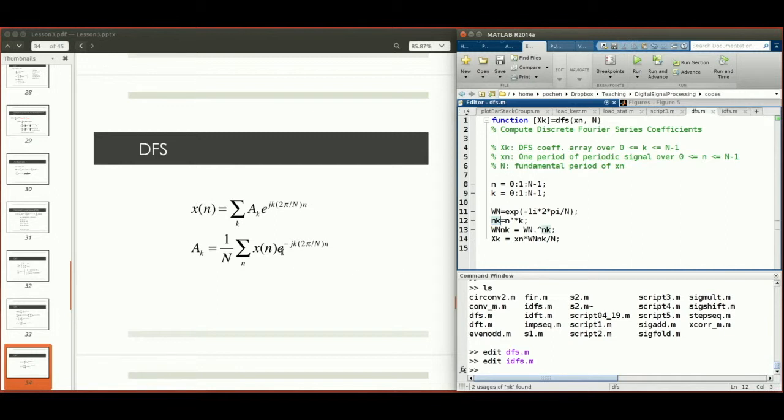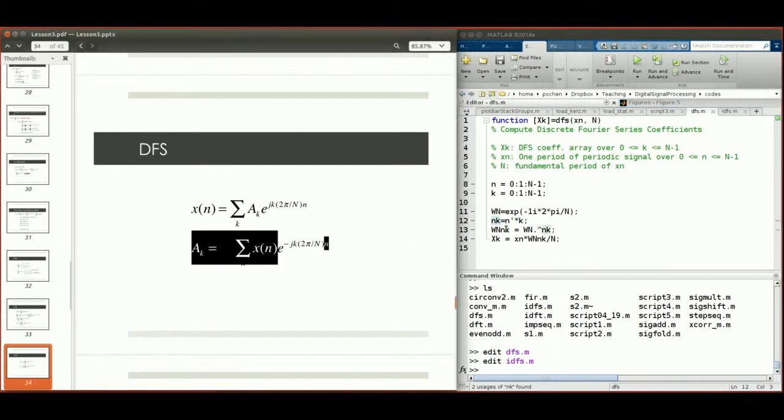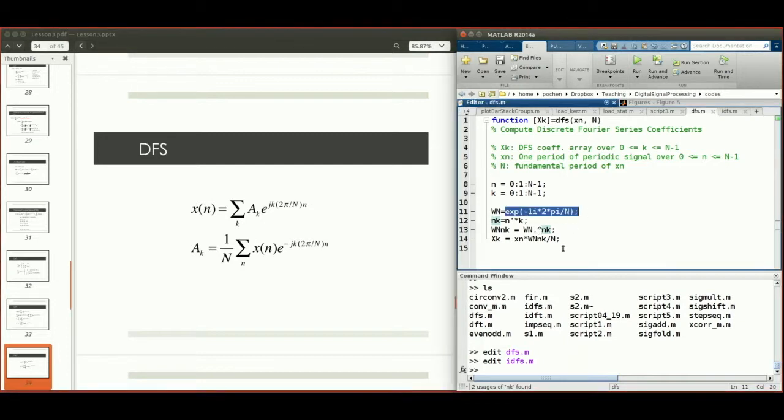And then if I want to construct this complex exponential as a matrix, all I have to do is take the dot hat, that's a component-wise power, and Wn is the complex constant. So once we have this Wn to the nk, this complex exponential as a matrix, all we have to do is a matrix vector multiplication with xn, and the result, big Xk, is basically ak, this coefficient.